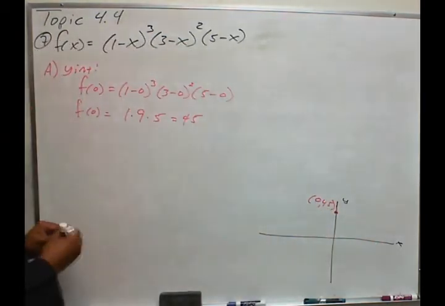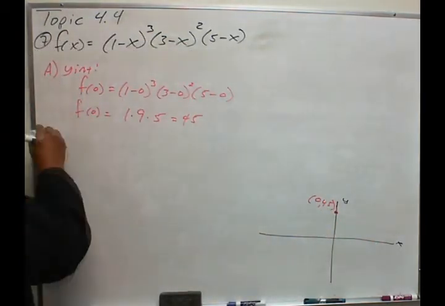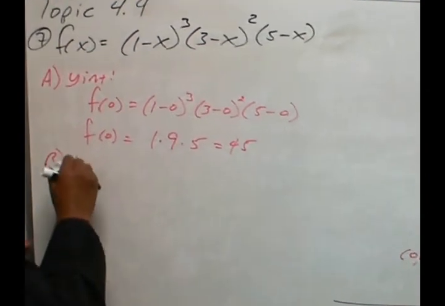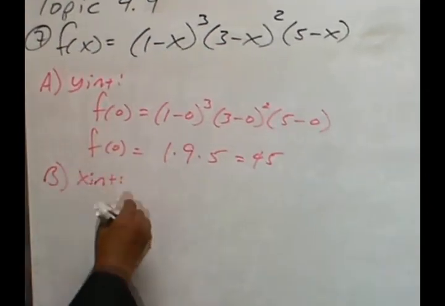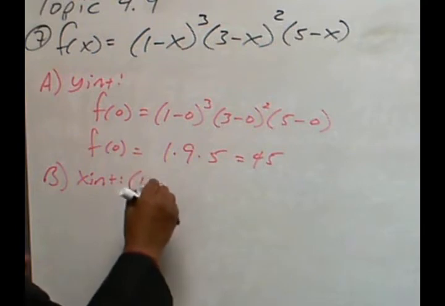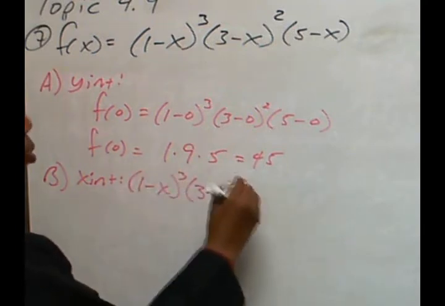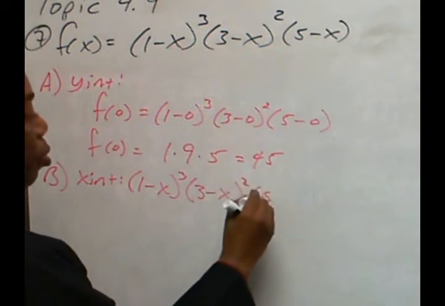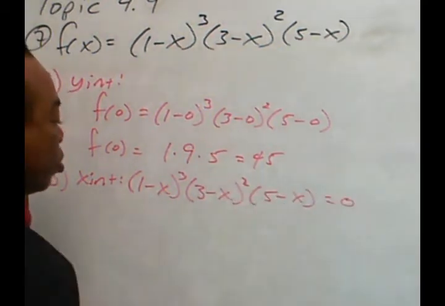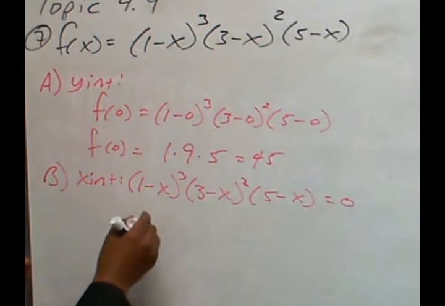Okay. Next, we want our x-intercepts. So we're going to set the entire function equal to 0. Okay, and then we're going to solve for x.